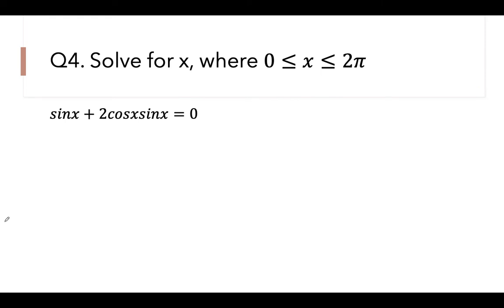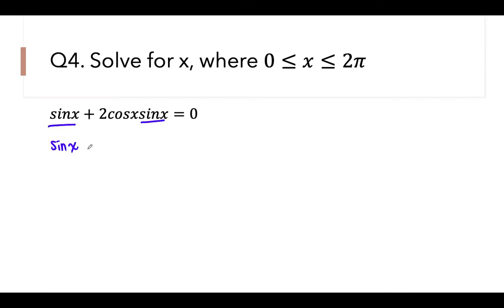Question 4. Solve for x. Again, it's the same domain. This time you see an expression where sine x plus 2 cos x sine x equals 0. To solve for x, you want to isolate it. If you have an expression like this, try to factor as much as you can. Yes, there is a common factor of sine.